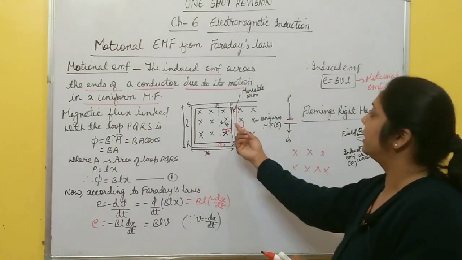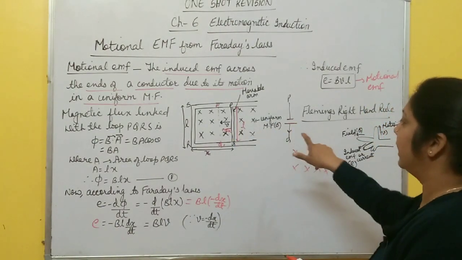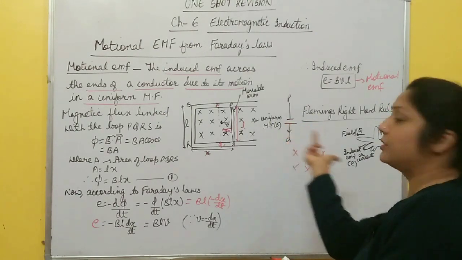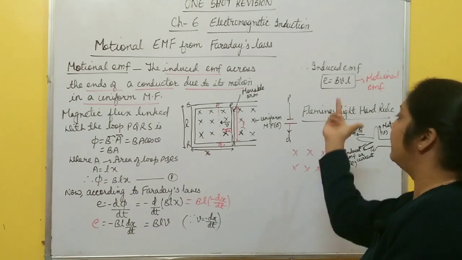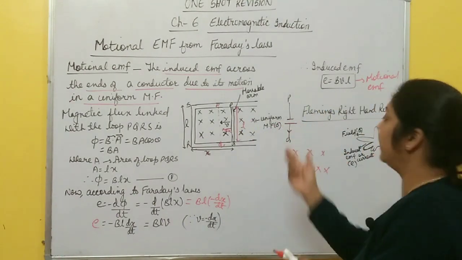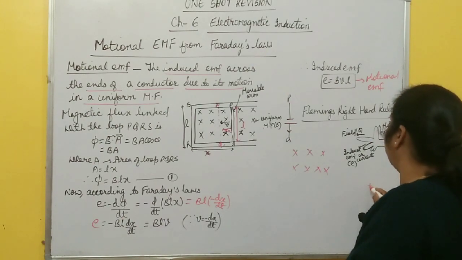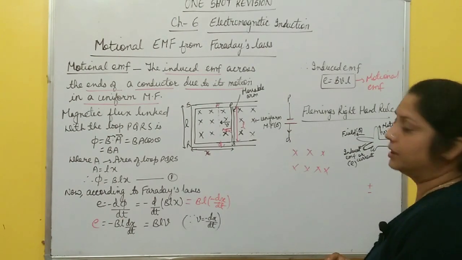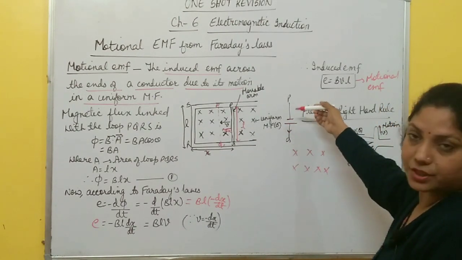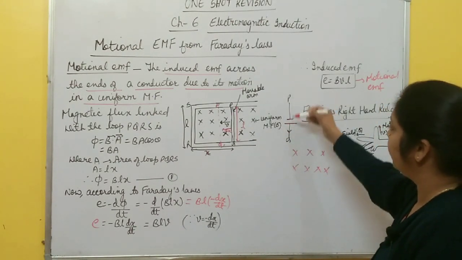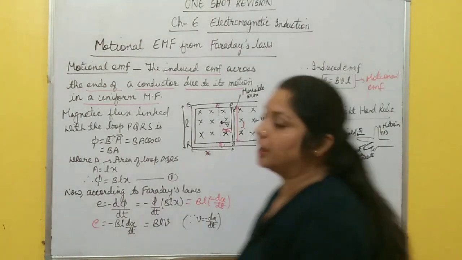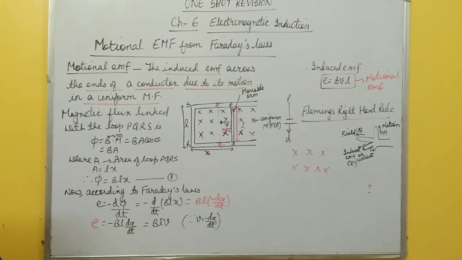If the motion of the conductor is towards the right side, with the magnetic field still inward, then the middle finger points upward. In that case, the positive terminal is upward and the negative terminal is downward. In this way, you can give the direction of induced EMF, and here the current is from P to Q. Hope you understood motional EMF and its direction.